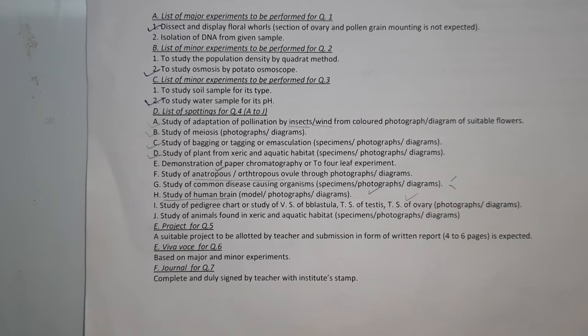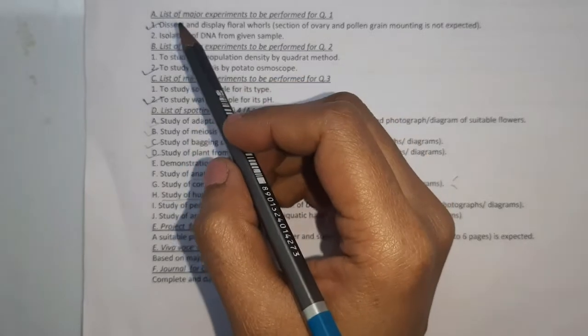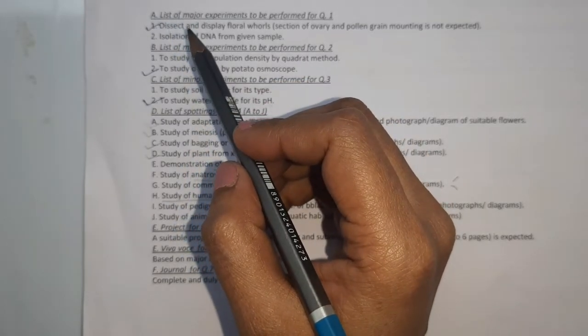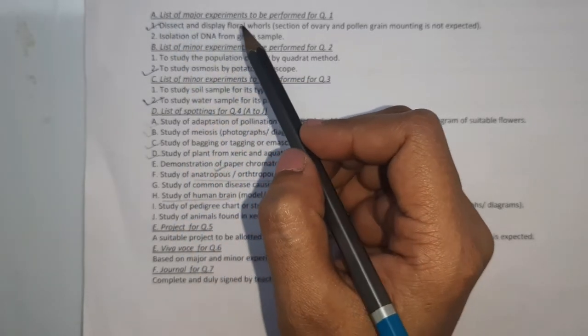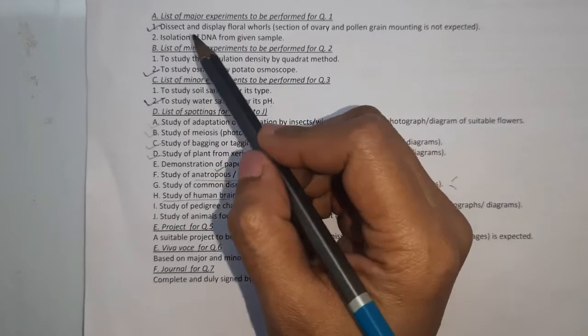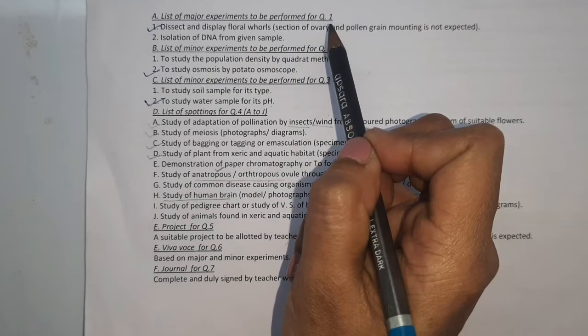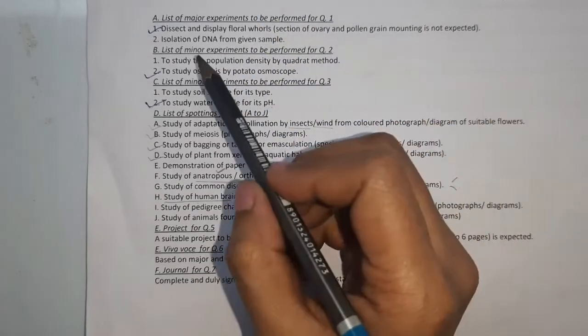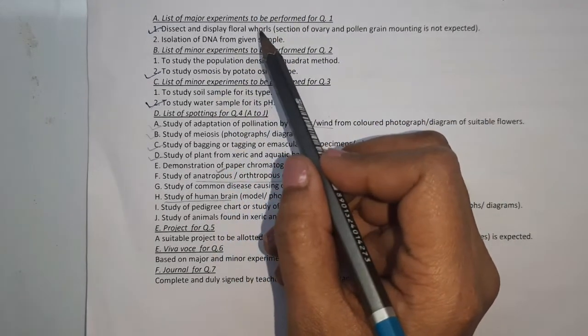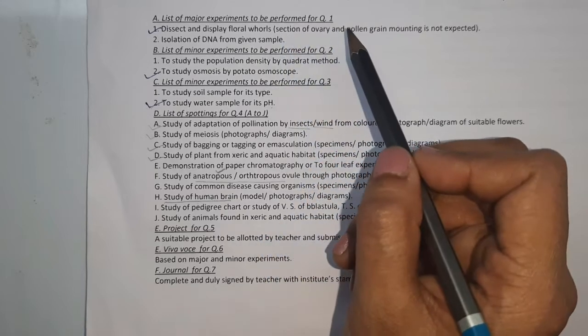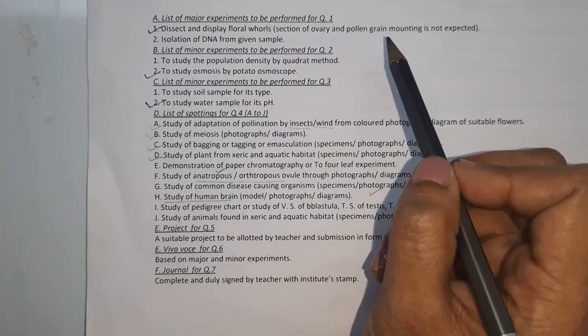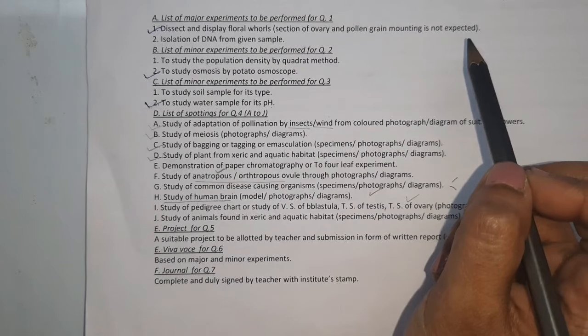Now students, as I told you, question number 1 is the major experiment, the list of major experiments to be performed. It is: dissect and display the flower whorls, section of ovary, and pollen grain mounting is not expected.